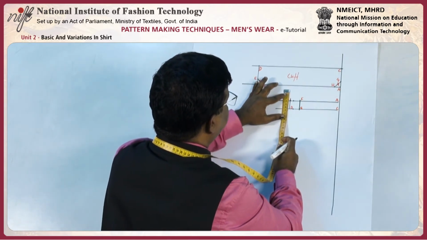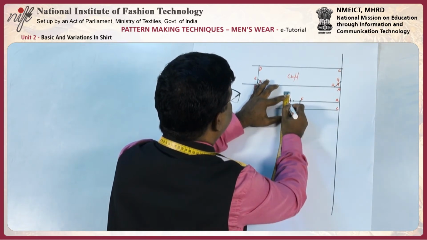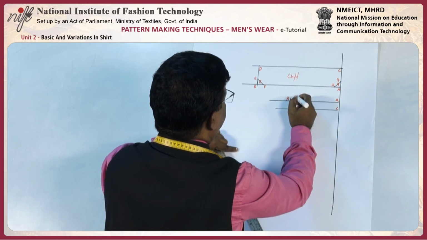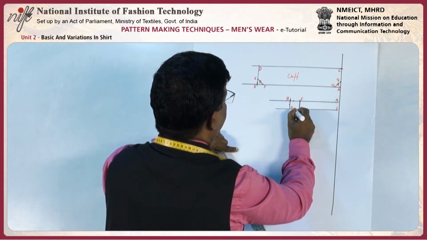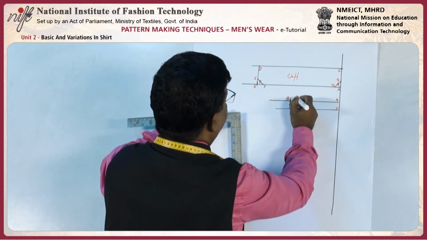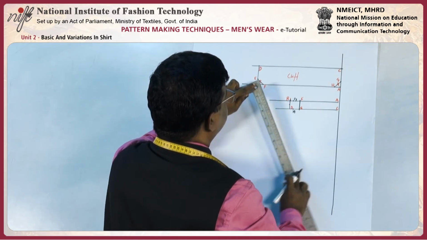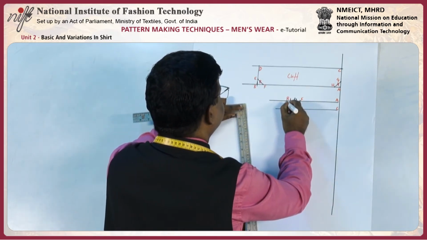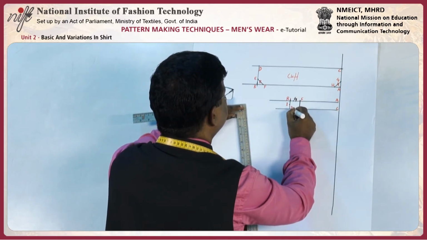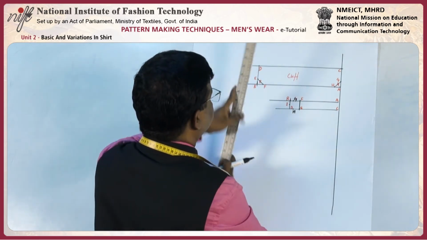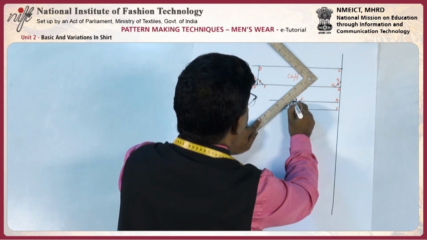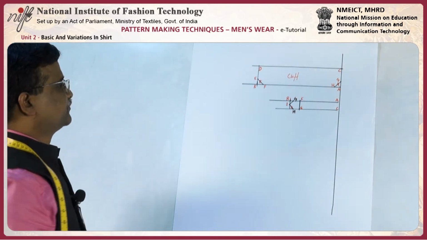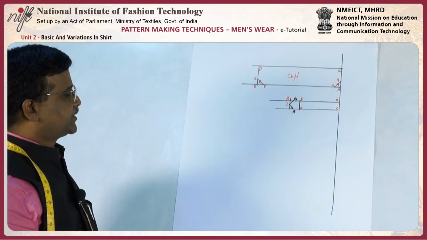I is the midpoint of BD. Now connect H, I and G. With this, the placket draft is complete.